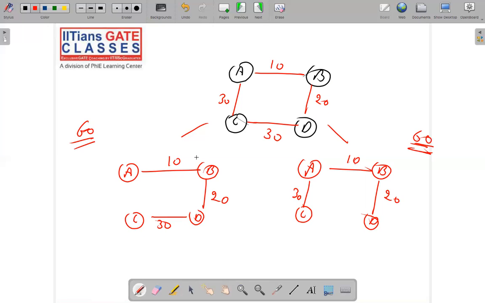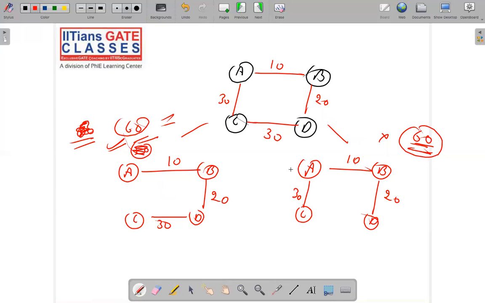For example, if I have two trees and here the cost is 50, then this will be the minimum spanning tree and this won't be, because its cost is greater. A minimum spanning tree is minimum because its cost is minimum, right? So here the cost of both of these is 60. So these two points are very considerable and important.